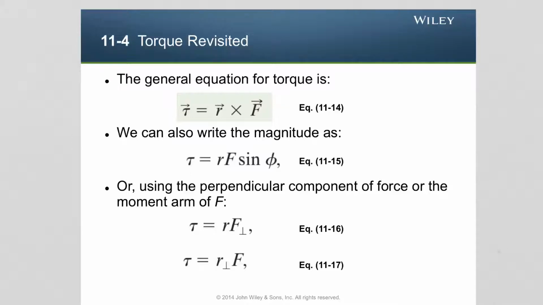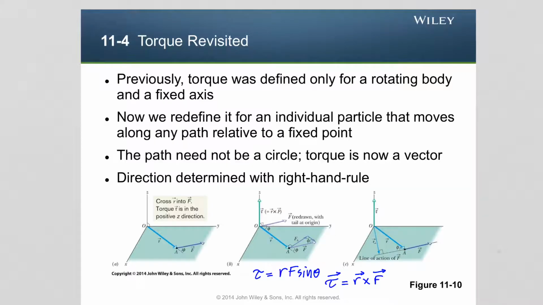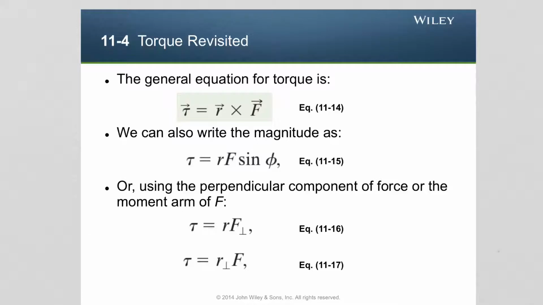Due to the fact that sine of phi can be grouped with the position vector magnitude, I can also consider that I'm multiplying the magnitude of the force F applied to the particle and the magnitude of the perpendicular component of the position vector to the line of action of the force F. Both interpretations give the same result, and can be written like equation 1116 or equation 1117, and they both give the magnitude of the torque generated on the particle from the applied force F.